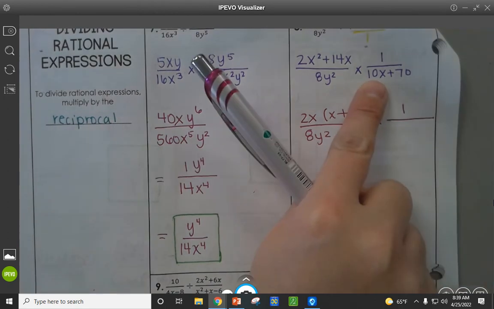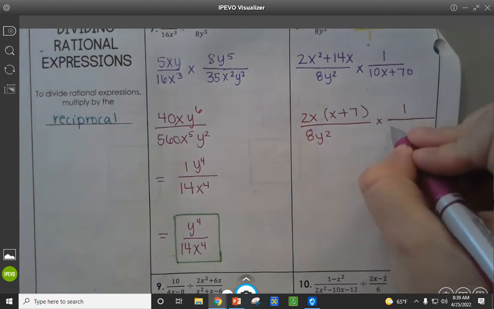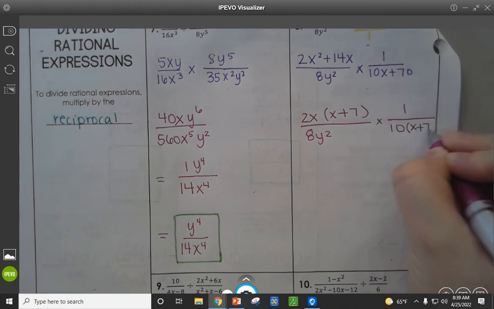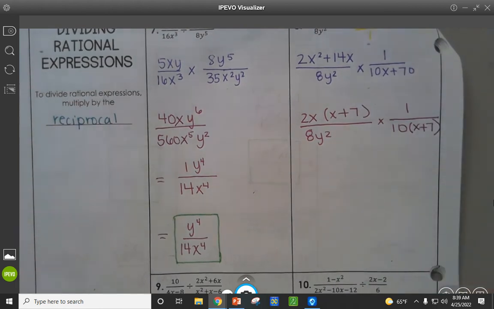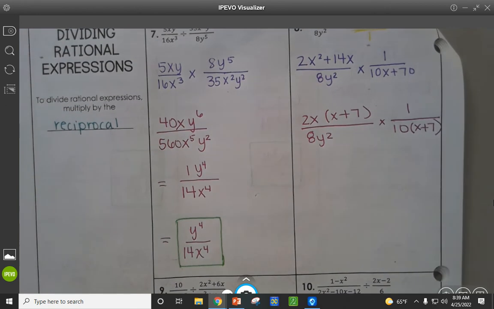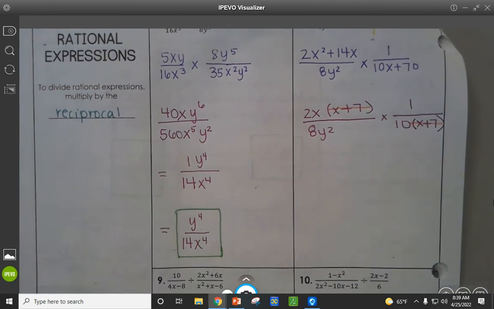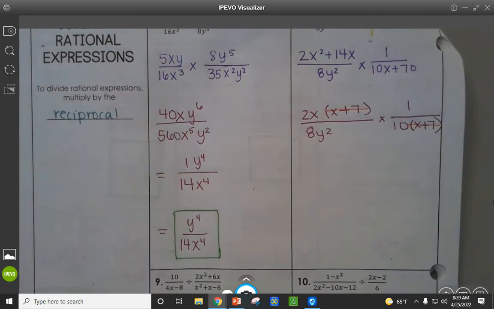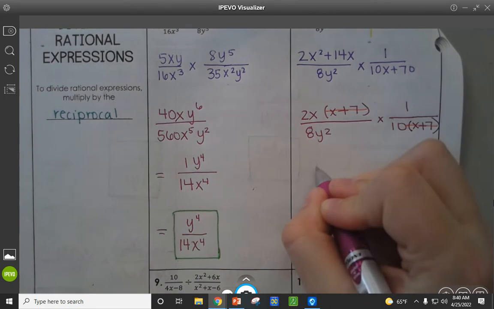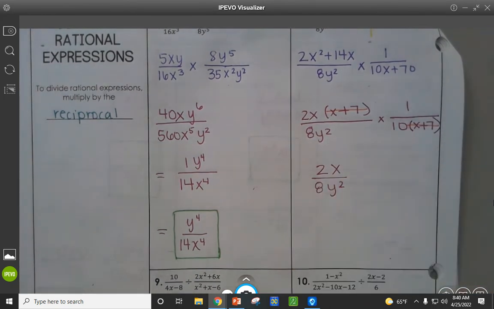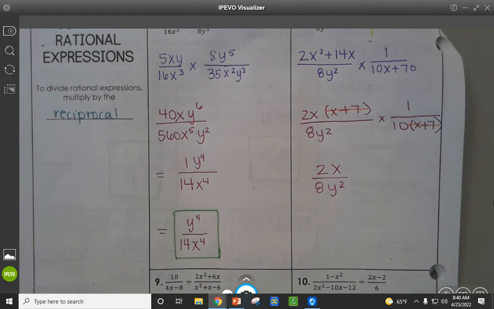What about a GCF over here? 10, leaving me with x plus 7. The only parts that cancel are these x plus 7s. And I get 2x over 8y squared.